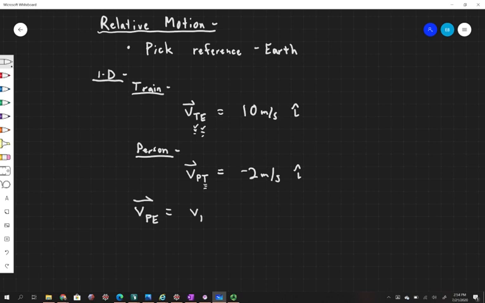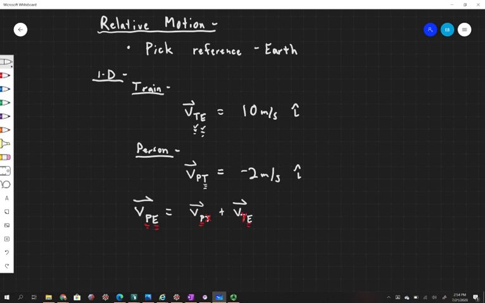So I can take the velocity of the person relative to the train, and add on the velocity of the train relative to the Earth. I can combine these velocities. In relative motion, I imagine that these inner variables cancel each other out. So this t goes away and this t goes away, and I'm left with just the p and the e. So the velocity of the person relative to the Earth.